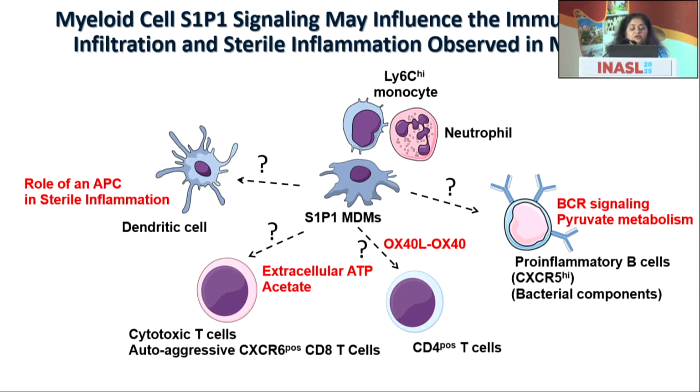Continuing to talk about inflammation and examining the role of extracellular vesicles that are enriched with sphingosine 1-phosphate, our lab has shown that myeloid cell sphingosine 1-phosphate signaling can influence the immune cell infiltration and sterile inflammation observed in MASH.